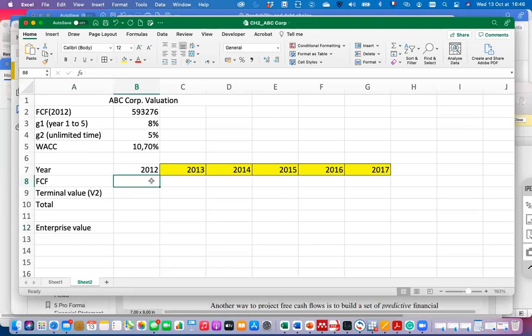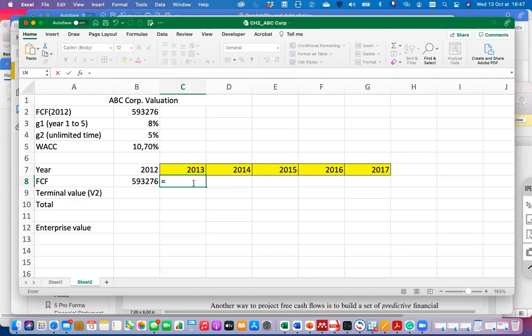This is your free cash flow for the year 2012, and this is a constant one, so we fix it with the dollar sign. Now for the year 2013, the free cash flow one should equal cash flow 0 times 1 plus the first growth rate, G1.